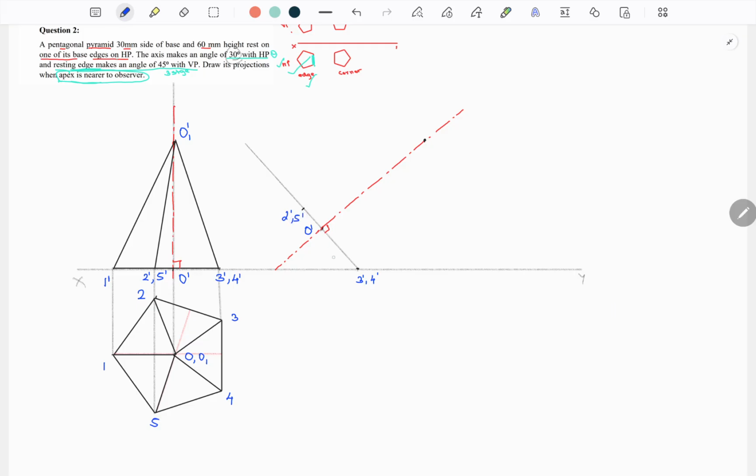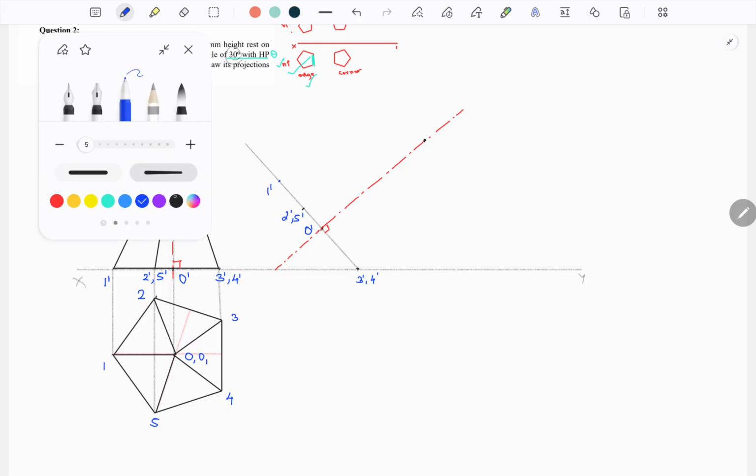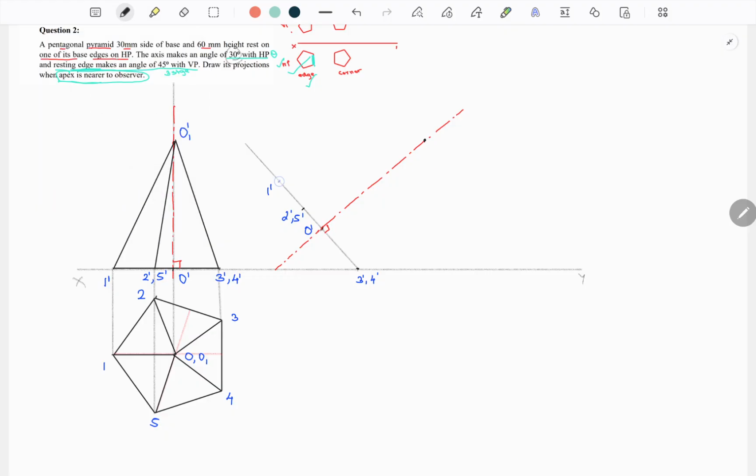Similarly you locate point 1 dash. Somewhere here you will get point 1 dash. Okay, this is my point 1 dash. Then you connect with this apex, 1 dash to O dash.